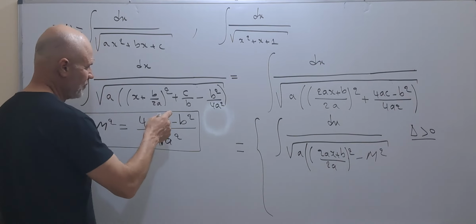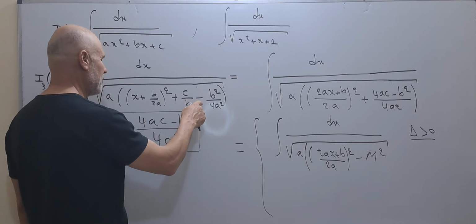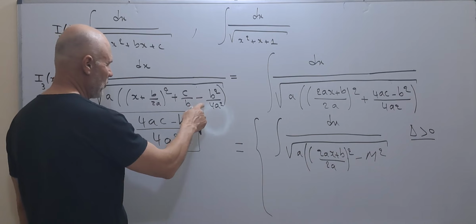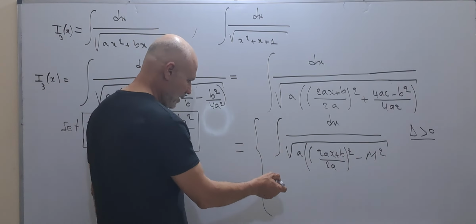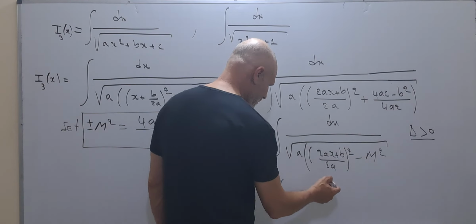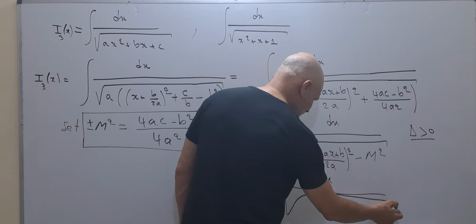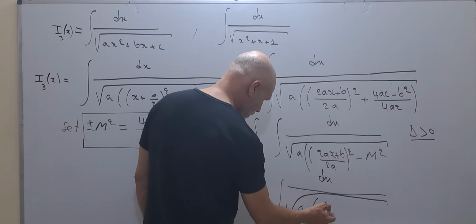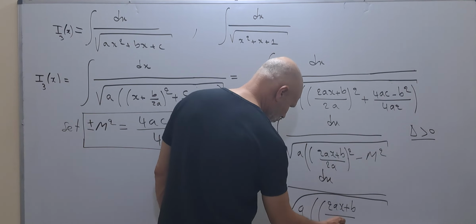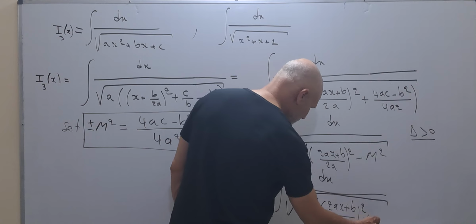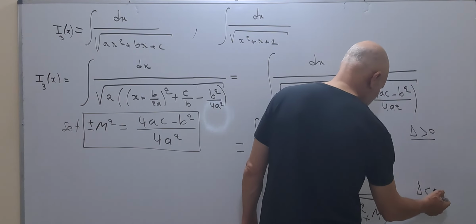Why? Because here we get minus b squared minus 4ac over 4a squared, which is m squared. And it is equal to the integral dx over the square root of a times the brace, x plus b over 2a squared, plus m squared if delta is less than 0.